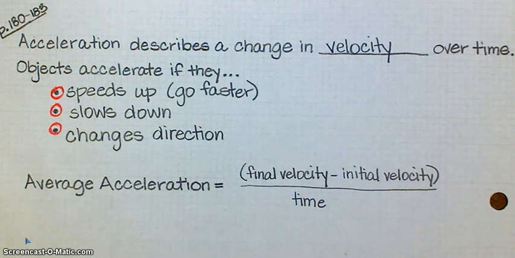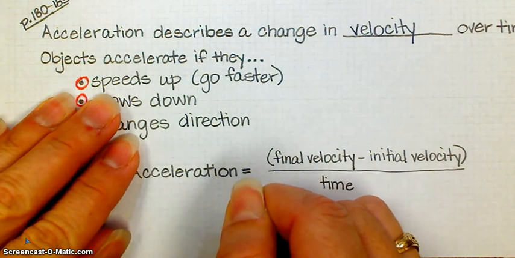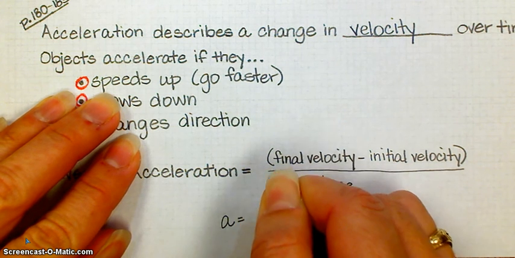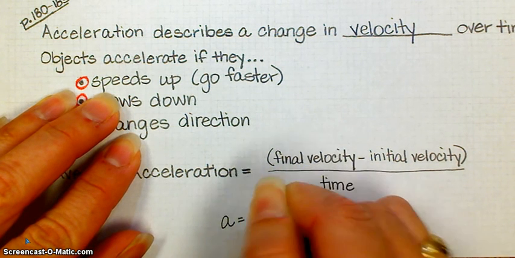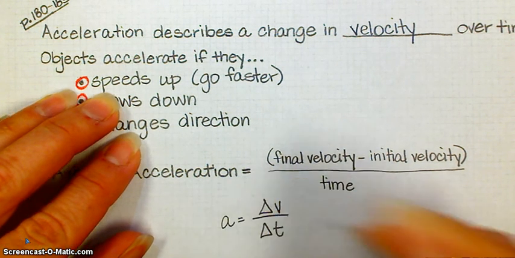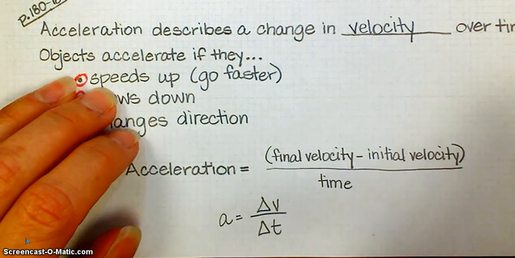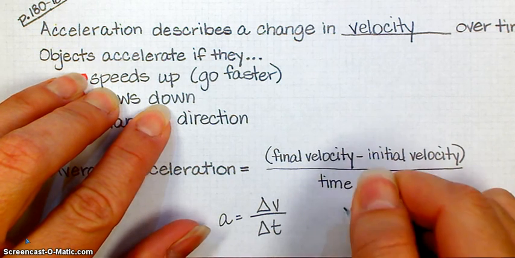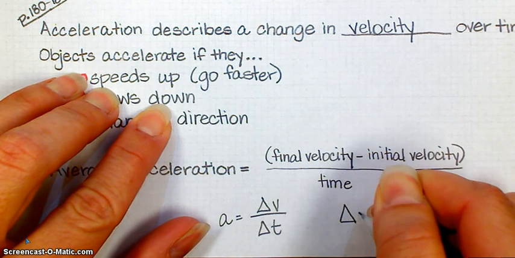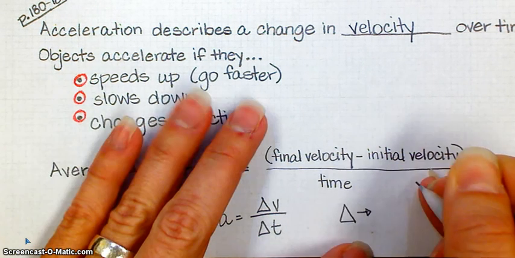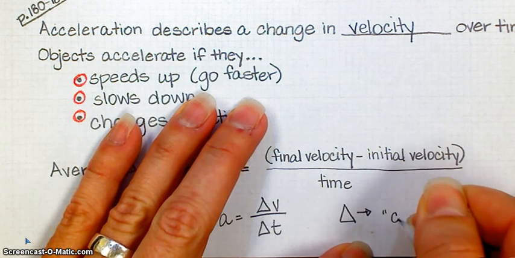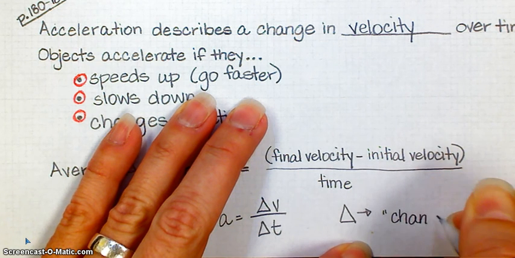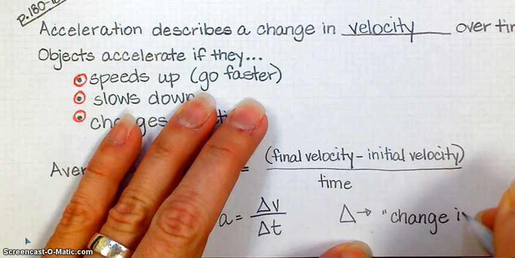Okay, guys, on the lesson, I also gave you this: a equals triangle v divided by triangle t. Do y'all see that? Yes. This triangle, write this down on your Bellwork. That is a substitute for the words change in.